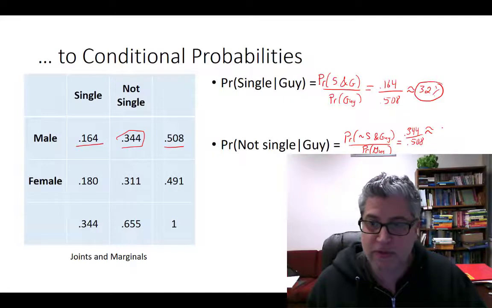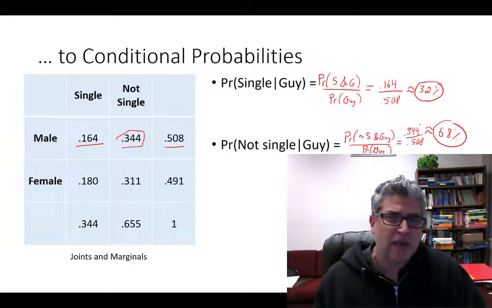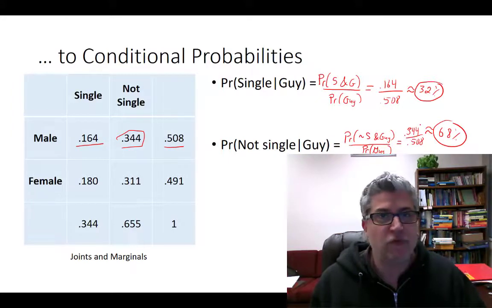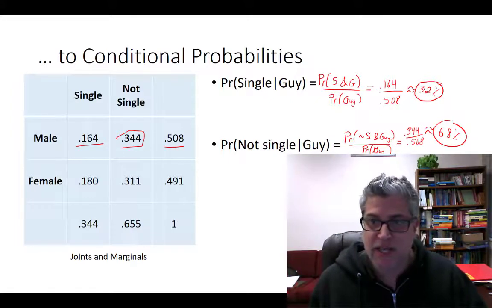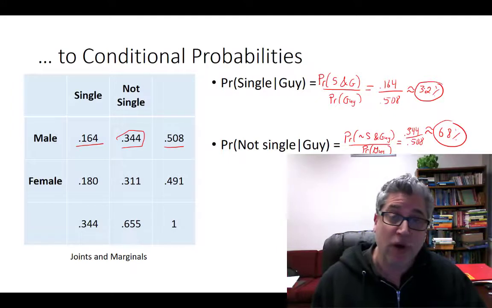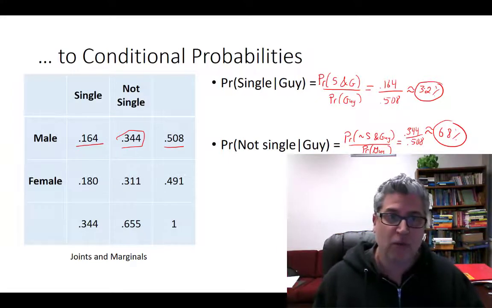That comes out to 68%. And we can verify that. We know from our rule of complements that 68 and the 32 better add up to 100%. So there you go. We've just worked through a whole bunch of conditional probabilities.